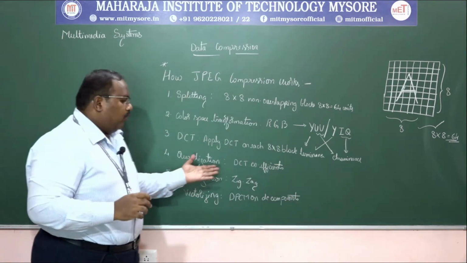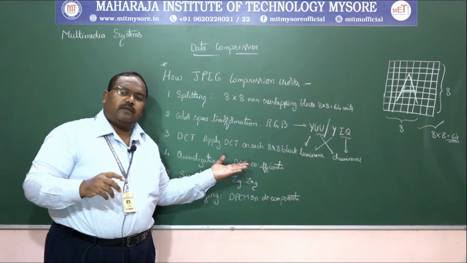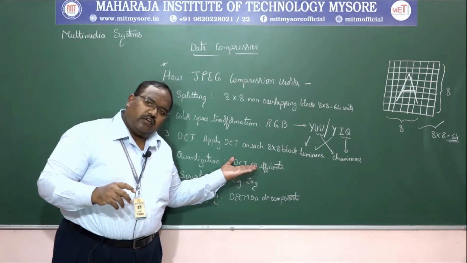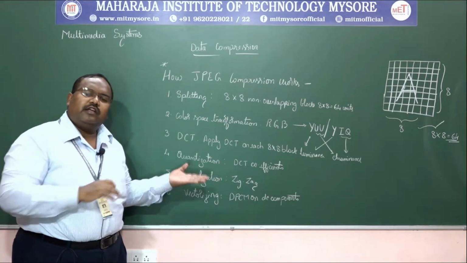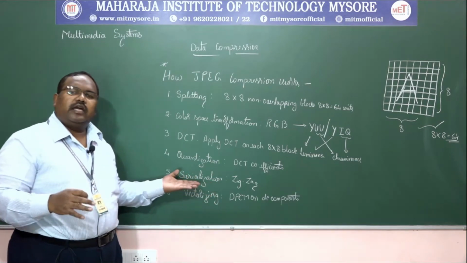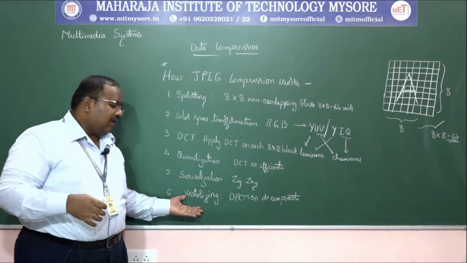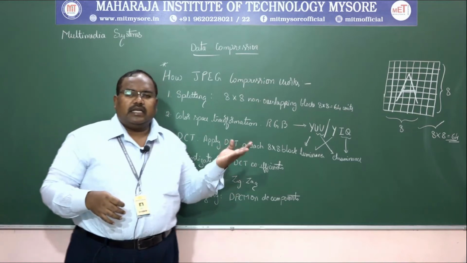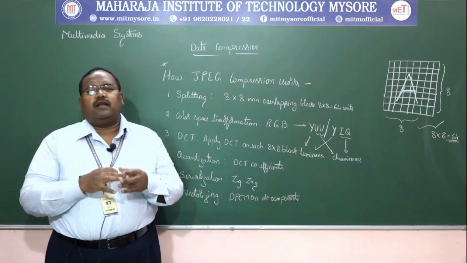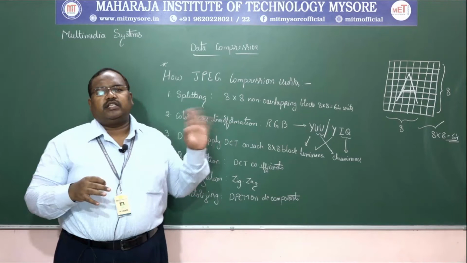Now we have quantized the DCT coefficients. When we scan, we remove the redundancy, we overcome the redundancy. Now in vectorization, we apply DPCM, differential pulse code modulation, on the DC components.